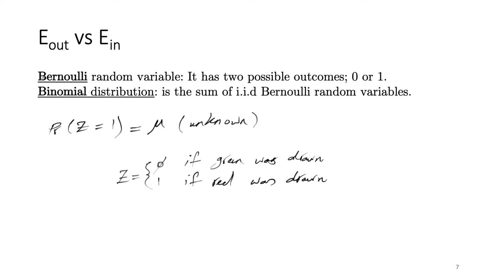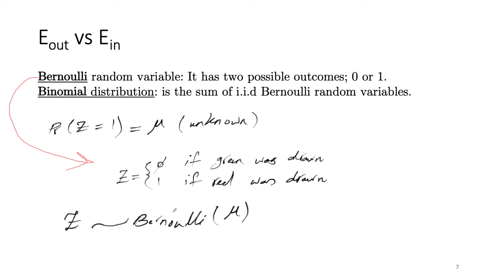So you see that we are talking about two possible outcomes, right? That's why we say Z comes from a Bernoulli random variable, with a possibly unknown mu.